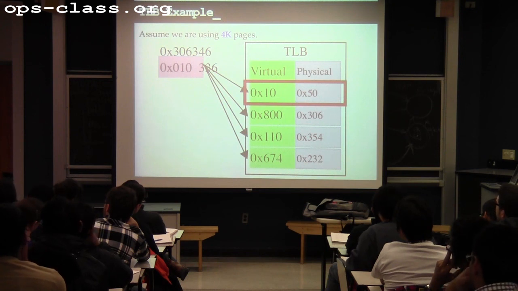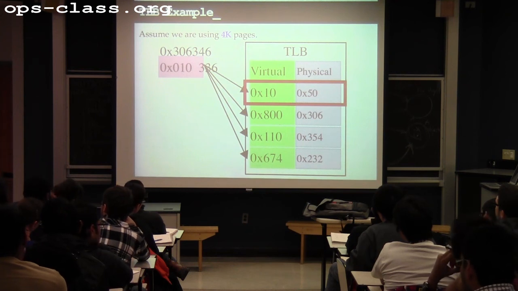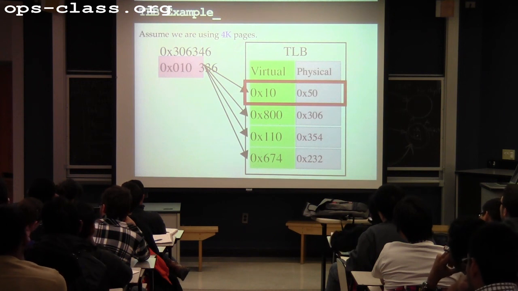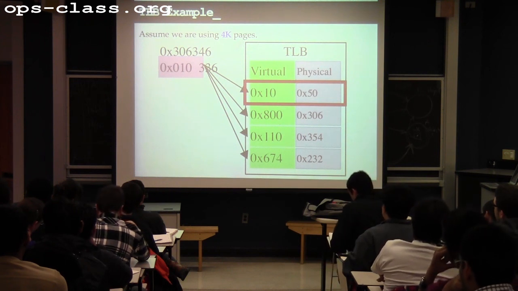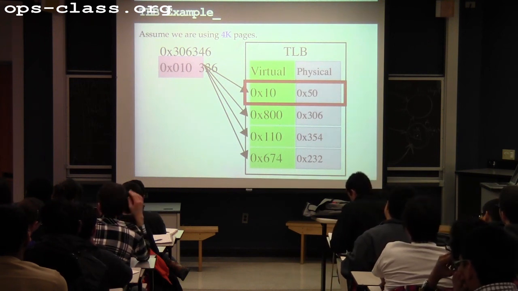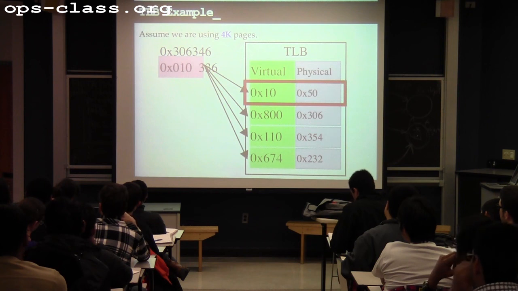When you use them, you load a process identifier onto the TLB, and that tells the TLB which translations to use, meaning that on a context switch you need to load entries for the new task, but you don't need to get rid of the old ones. On this TLB, because it doesn't know how to do that, what's the only safe thing to do every time I have a context switch? Gabriel? Clear it. Just remove all the entries.